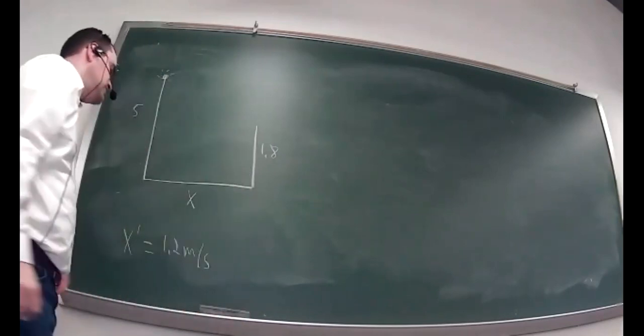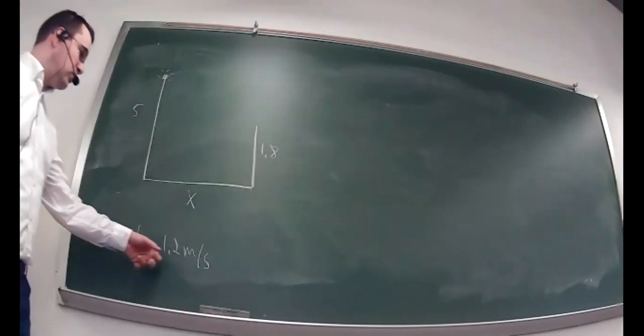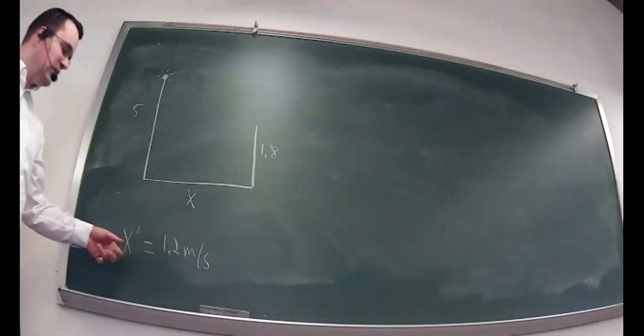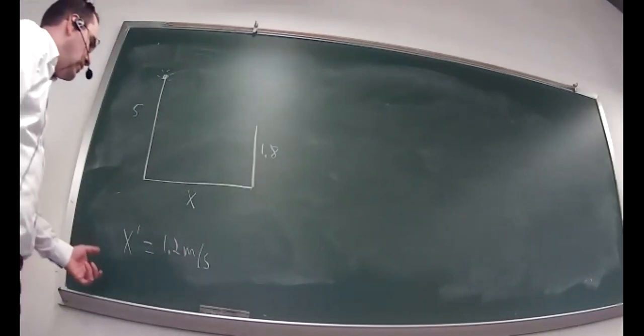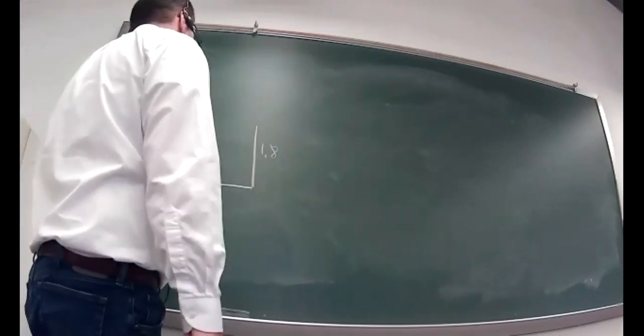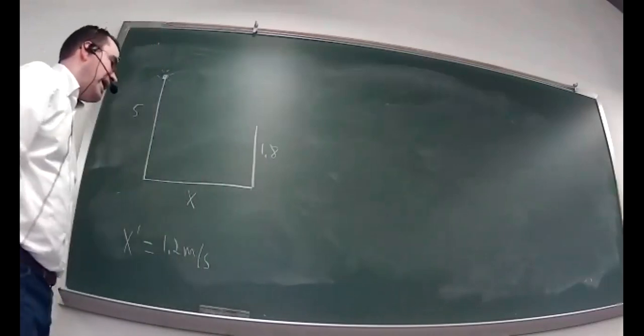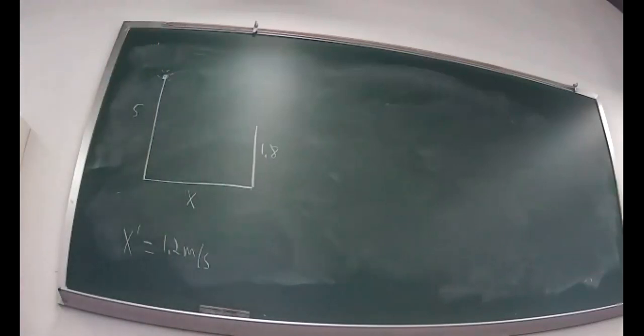So whenever somebody gives you a rate of change, you can know that's going to be the derivative. So you're walking away at a speed of 1.2 meters per second, and then how fast is your shadow increasing in length in front of you?